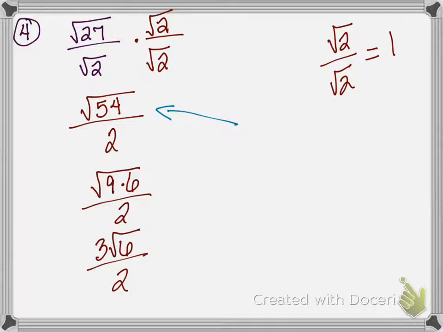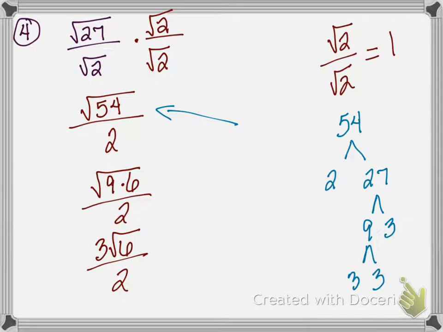The other thing that I want you to realize is that if you don't know that 54 is 9 times 6, or you don't identify that 9 is a perfect square, you can do the prime factorization of 54. So 54 is 2 times 27. 27 is 9 times 3. And 9 is 3 times 3.